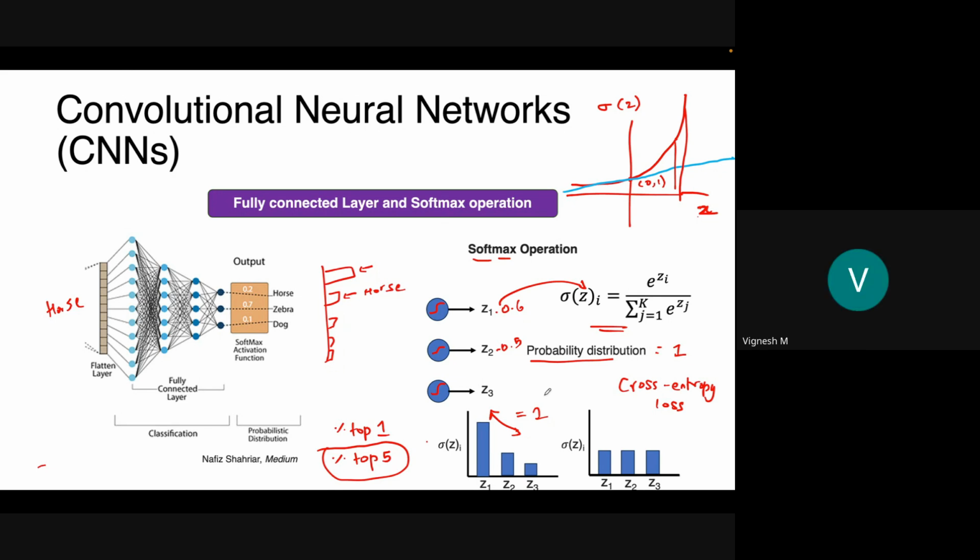So in some sense, if you had picked a hard max, in a case where the values are 0.1, 0.05 and 0.05, the hard max would be the prediction and that is fine. But when you put it under this probability distribution, then very likely everything is probable in that scenario, right?